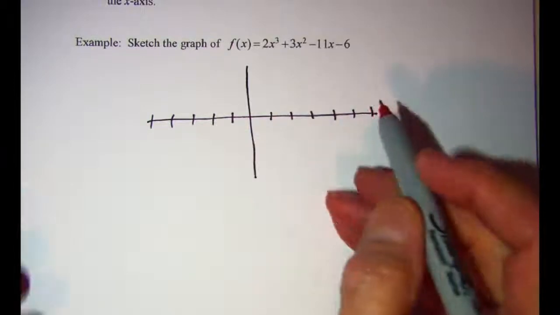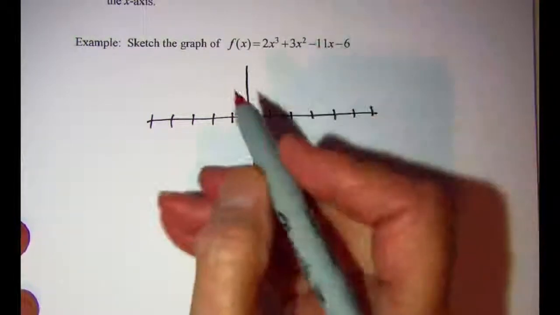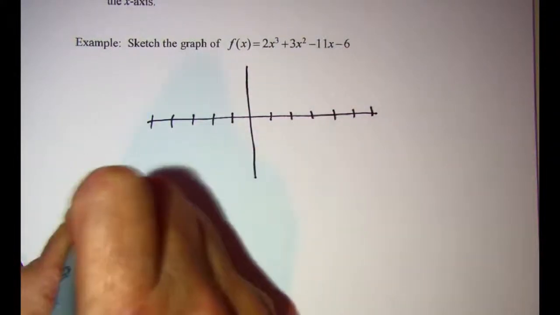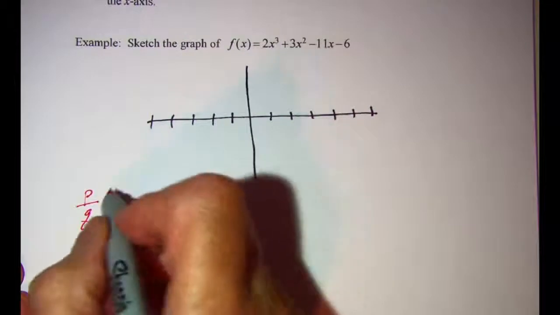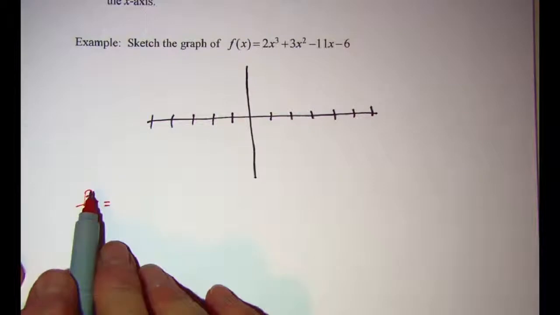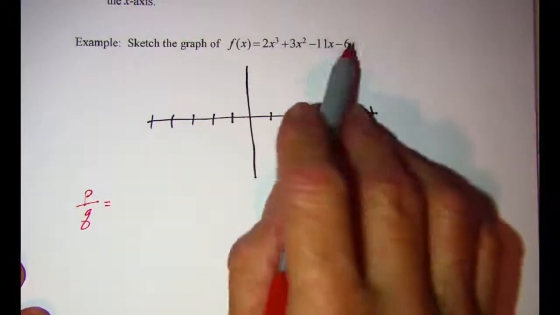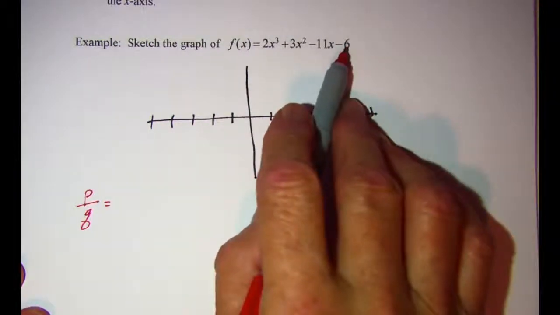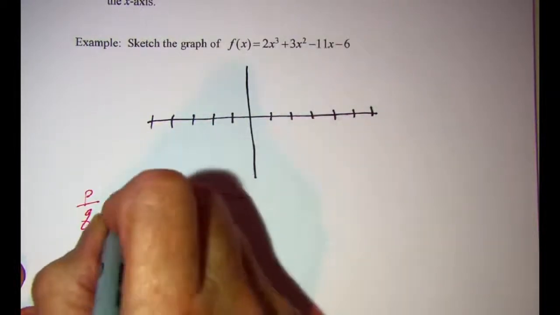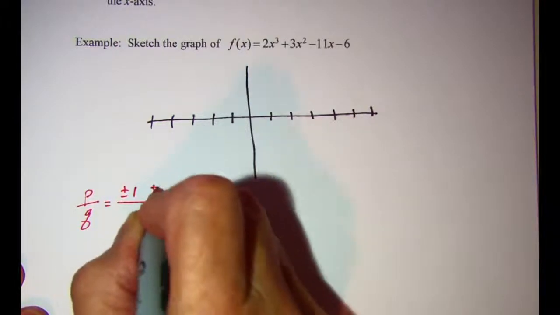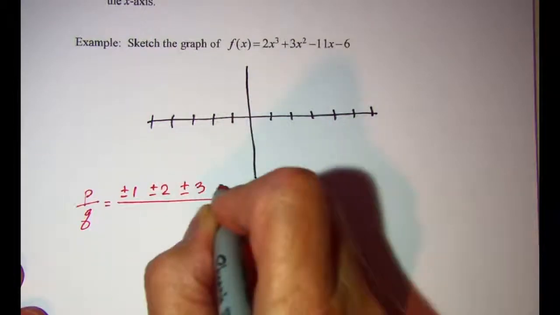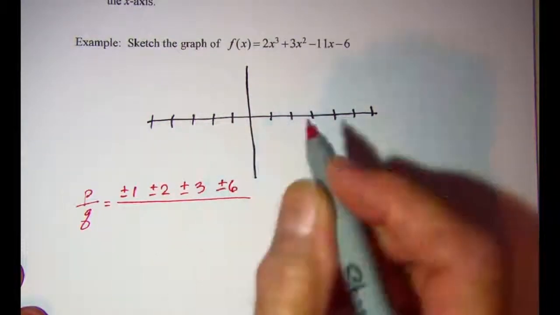The first tool that I'm going to be using is my rational roots theorem, and it says that possible rational roots are of the form p over q, where p is factors of the constant term. So my numerator will be plus or minus 1, plus or minus 2, plus or minus 3, or plus or minus 6.